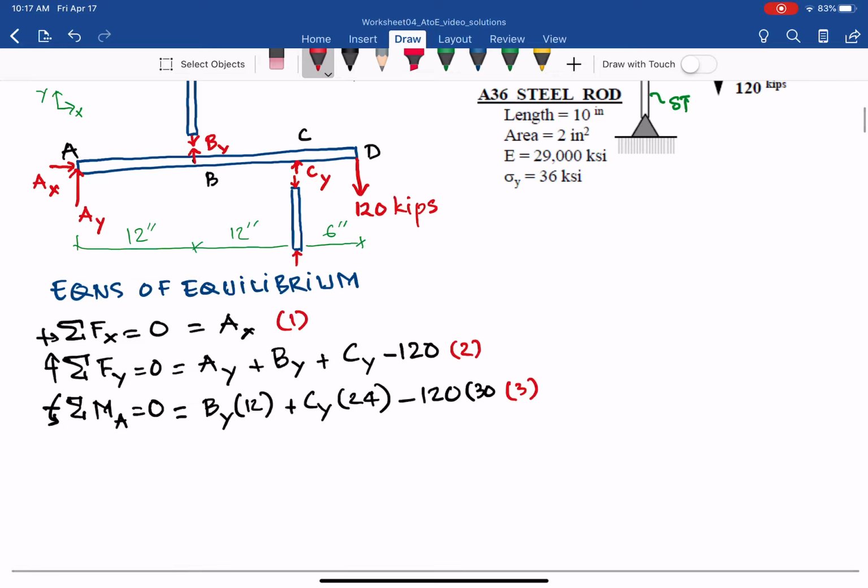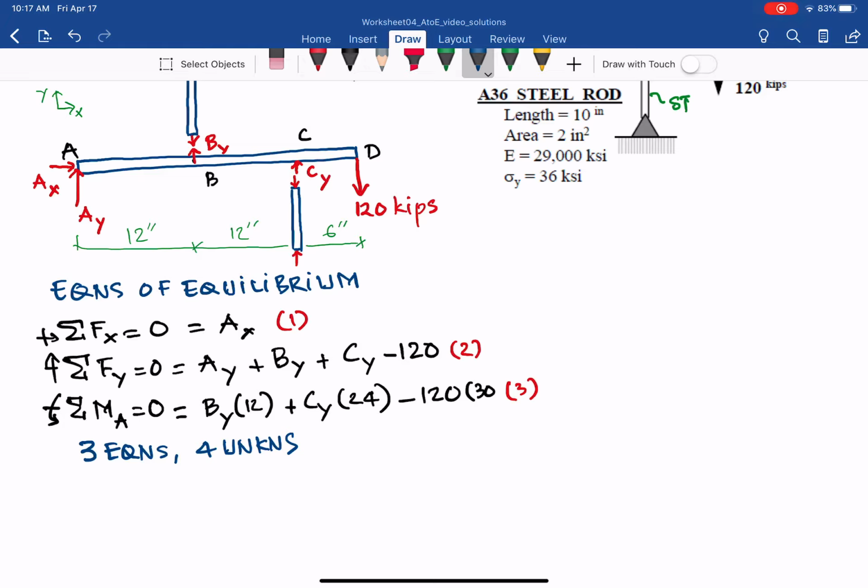And how many unknowns do we have here? You have Ax, Ay, By, and Cy. So basically 4 unknowns and 3 equations. Basically we cannot solve it.